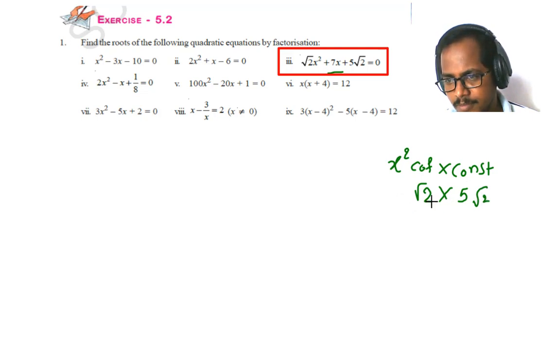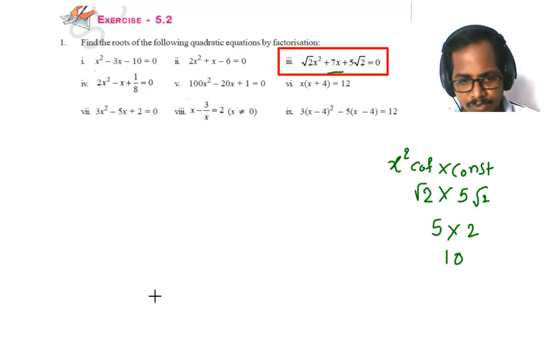Now by multiplying these, root 2 and root 2 are two irrational numbers and 5 is a rational number. So we multiply these two irrational numbers: first write 5, and root 2 into root 2 will become root 4, and square root of 4 equals 2. So now the product will become 10. By multiplying the x square coefficient and the constant, we get the product as 10.